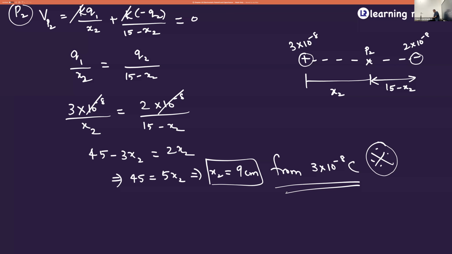So what I'm trying to say is, listen to this. If I have a positive charge here and a positive charge here, and I need to find a point along the line joining the charges where the electric field is 0, then suppose this charge is 3 into 10 power minus 8, this is also 3 into 10 power minus 8.